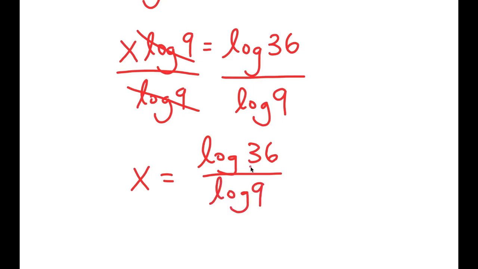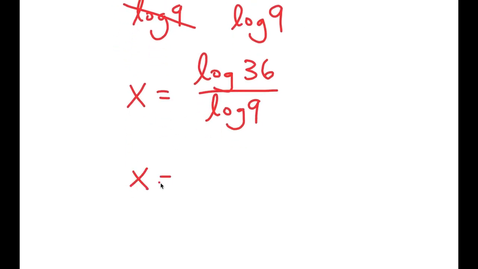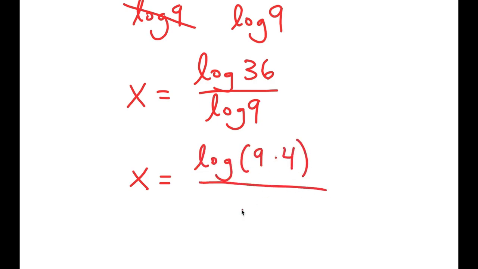Now, we aren't done yet because we want to find the exact value of x, so we don't want any logarithms in our solution. So now I'm going to rewrite log of 36 as log of 9 times 4, because I just want to simplify log 36.